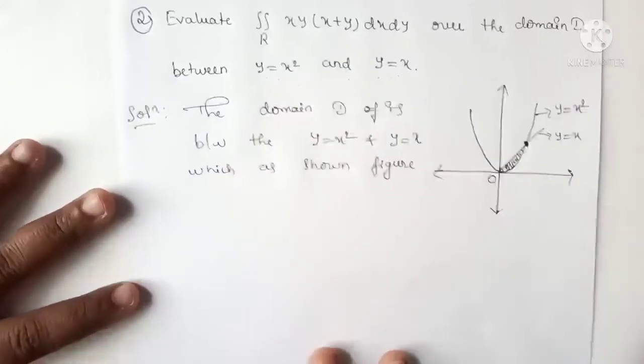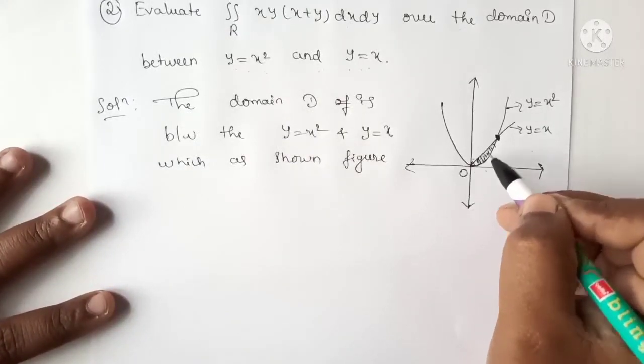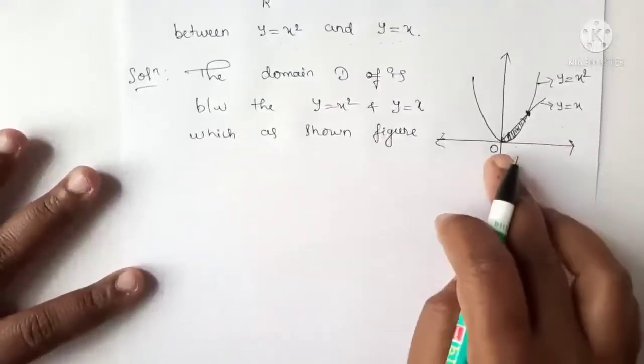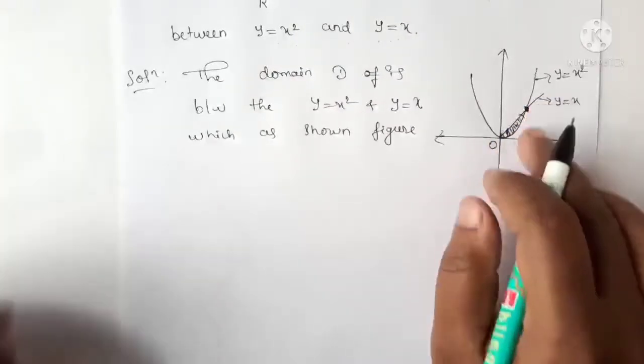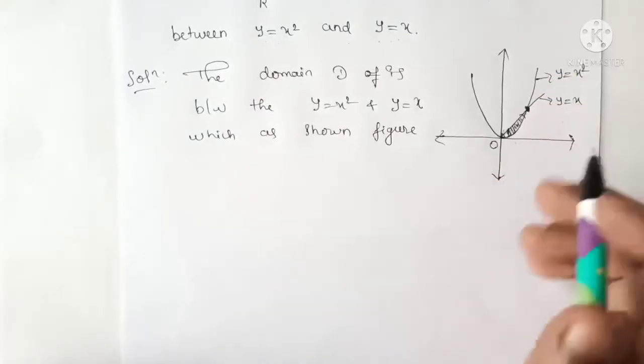Now we can take the strip from left to right or from bottom to top. So this is our curve. Here you can observe that first we have to solve these two given curves and find the point of intersection.